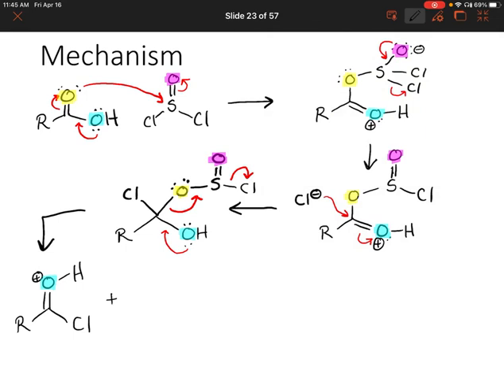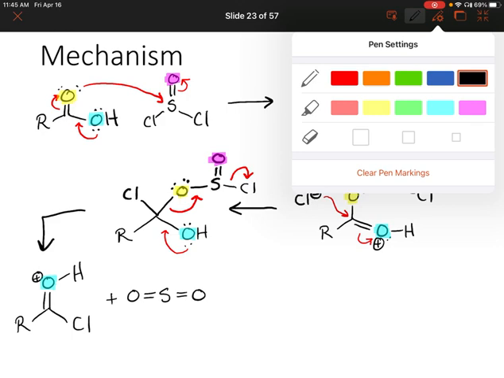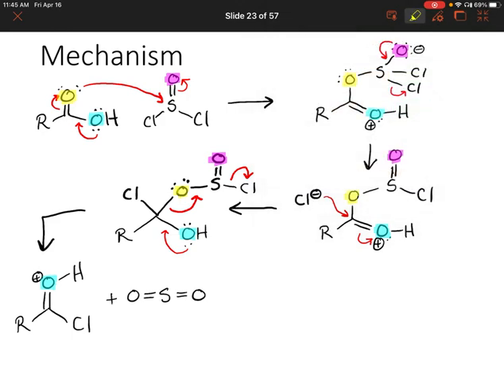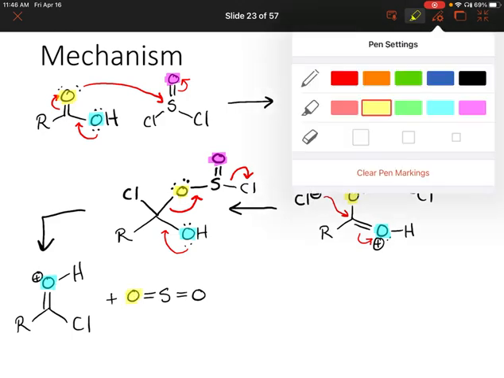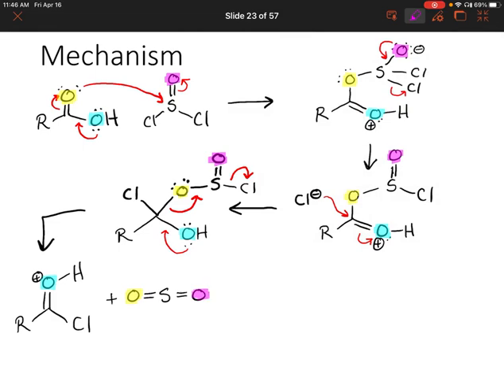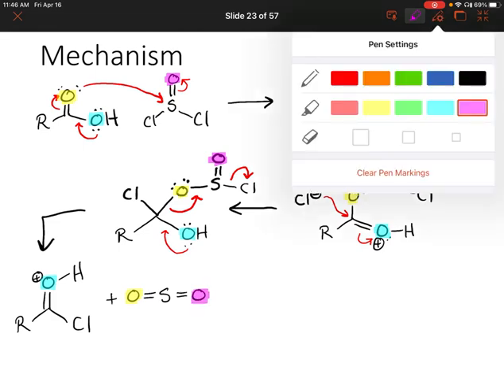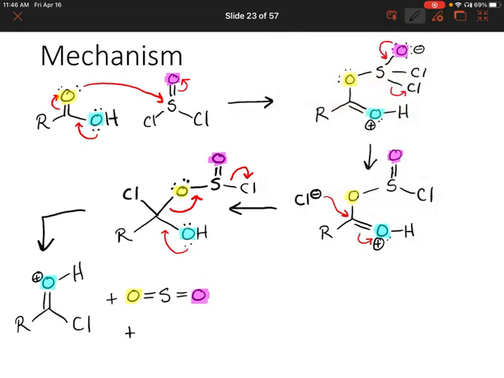So now one of our other products for this step is sulfur dioxide. And we've got our yellow oxygen on one side and the purple oxygen on the other side. And then we've also produced a chloride ion. Now the chloride ion can act as a base here. It's not a great base, but it can act as a base.